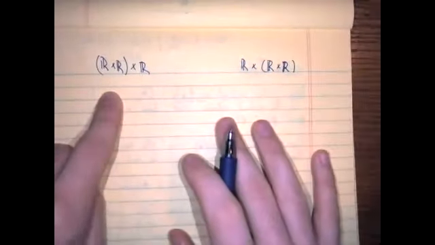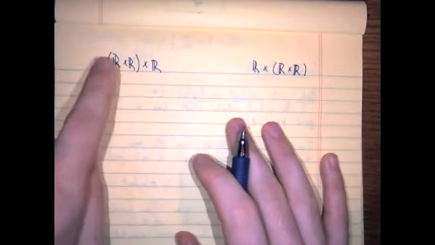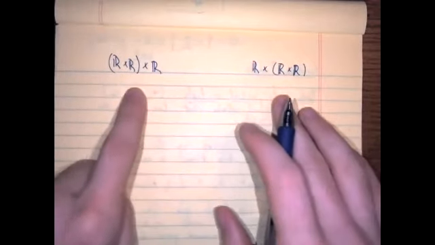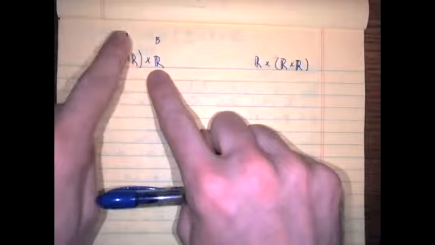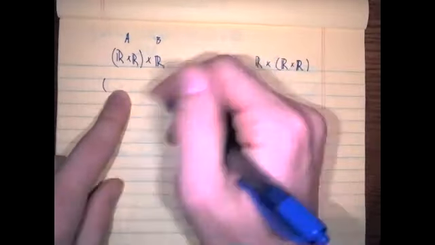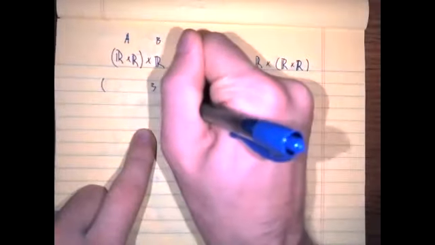Technically, both of these will give us points in 3-space, but technically, what a point here is, I can think of this as A and then this set B. So an element of set A is an ordered pair. To specify an element here, I take an ordered pair associated to A, and I pick any element of B, like 3.